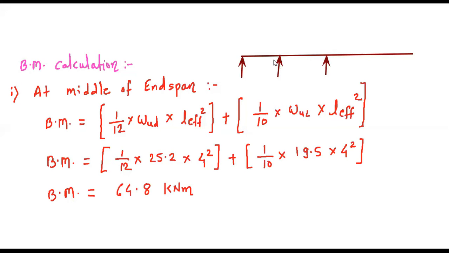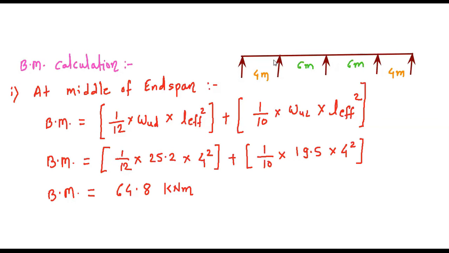This is the second span, third span, and this is the fourth span. This is your four span continuous beam, and they have given that this span is 4 meter and this span is also 4 meter, and these intermediate spans are 6 meters. Now where are we calculating the bending moment?